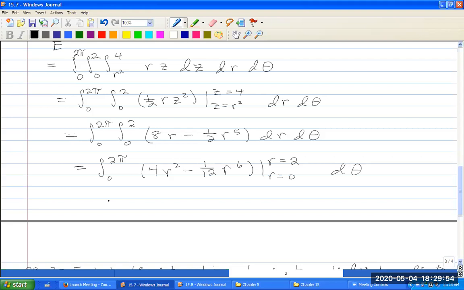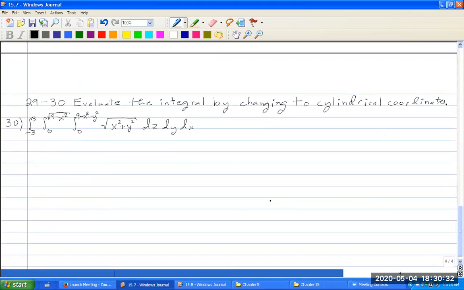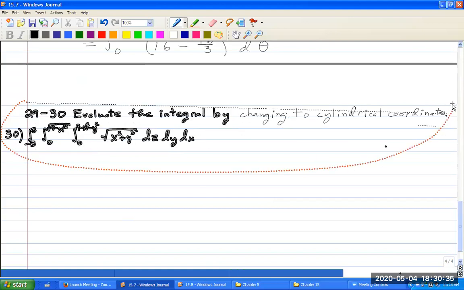Okay, so let's evaluate this. So integral from 0 to 2 pi. Plug in 2. And so 2 squared is 4, times 4 is 16. 2 to the 6 is 64, divided by 4 is 16 over 3. Minus, plug in 0, you get 0.